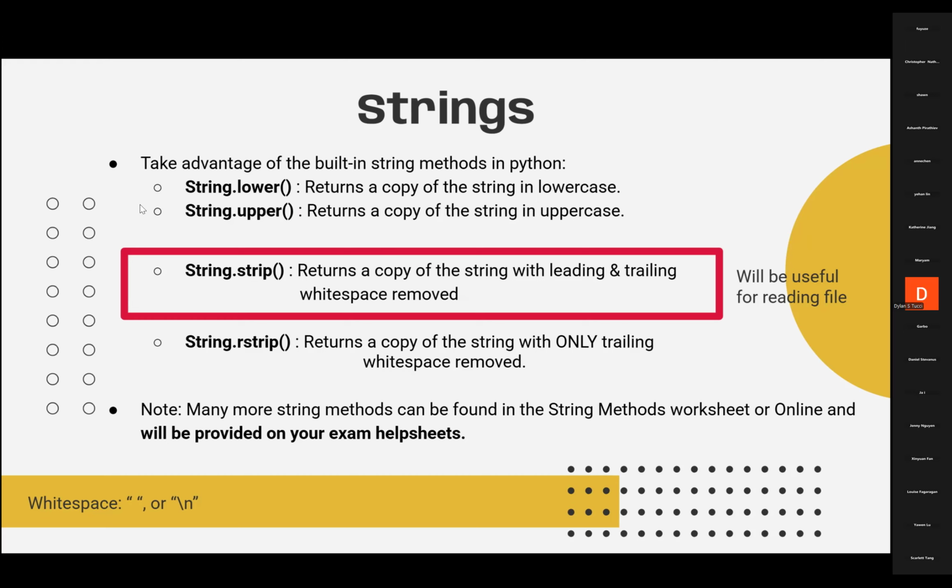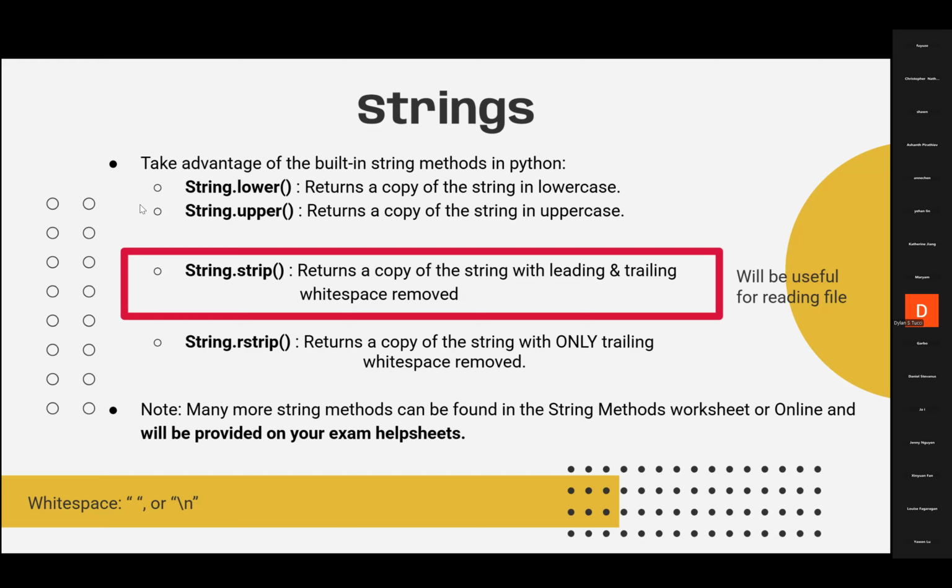First, there will be string.lower. String.lower returns a copy of the string in lowercase. Remember, it returns a copy of the string in lowercase. It's not going to modify your string. And then string.upper just returns the copy of the string in uppercase.